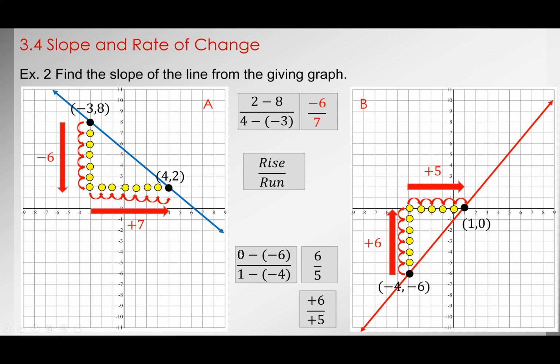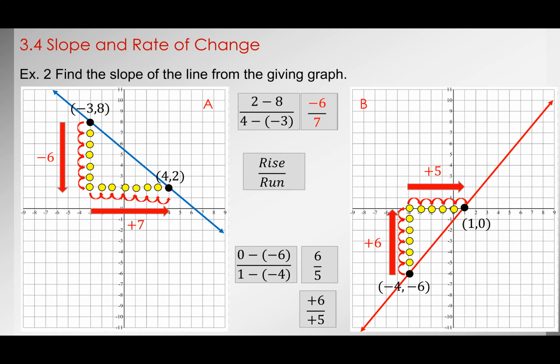If I plug in, 0 minus a negative, negative becomes a positive, 0 minus negative 6 will give me 6. And 1 minus negative 4 is 1 plus 4, which will give me 5. So it doesn't matter which method you use, hopefully you still derive the same conclusion.